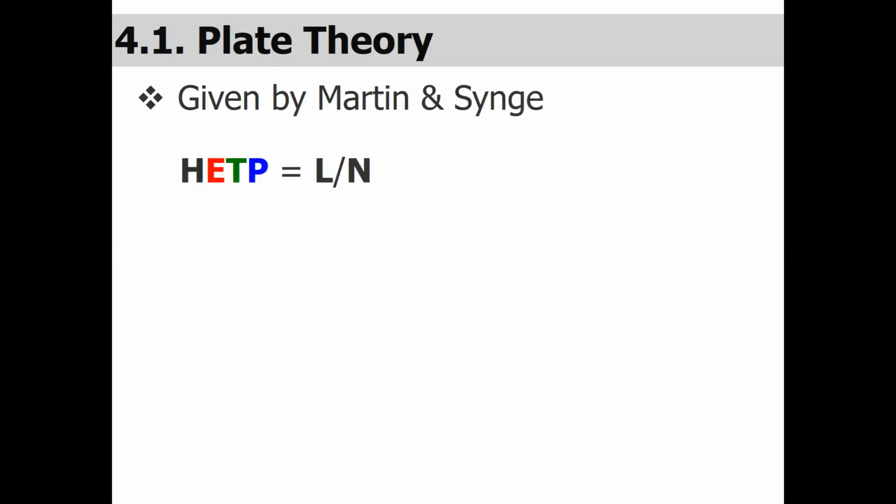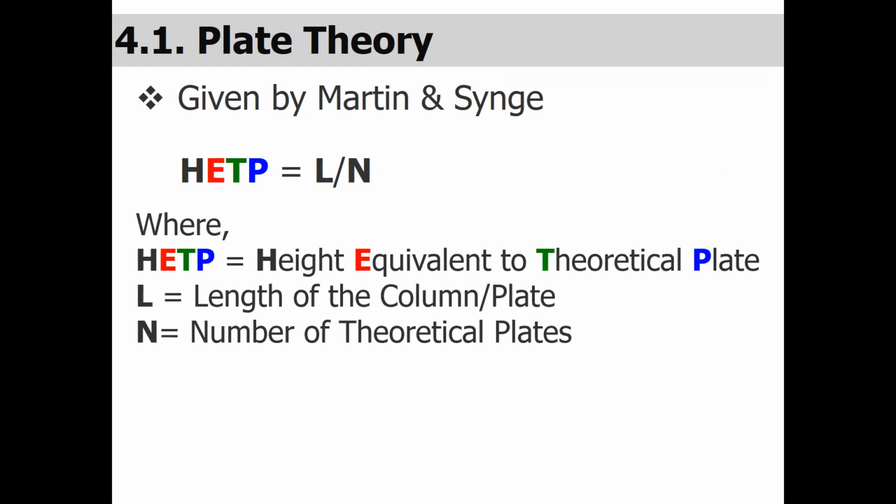This is the equation used by Martin and Synge for the plate theory: HETP equals L over N. What is HETP and what is L over N? HETP means height equivalent to a theoretical plate, L is the length of the column, which determines the number of plates, and N is the number of theoretical plates.